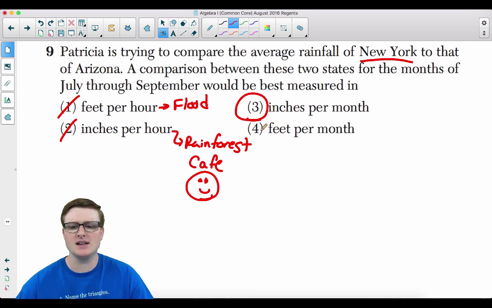But that makes sense. Feet per month, it doesn't rain in feet in New York. And Arizona is mainly a desert. It's a really hot, arid climate, meaning it's very dry down there. So that doesn't make any sense. So your answer is going to be choice 3, inches per month.